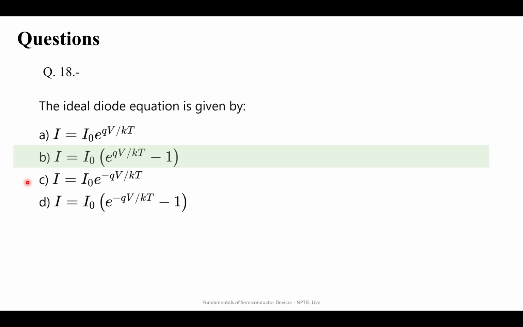Yes, the correct answer would be I equals I naught e power qV by kT minus 1. Just as I talked about capacitance, here also in many places you will find J written instead of I. J is basically current density, current per unit area. Many times we talk in terms of per unit area because we are not taking into consideration the width and thickness of the semiconductor.